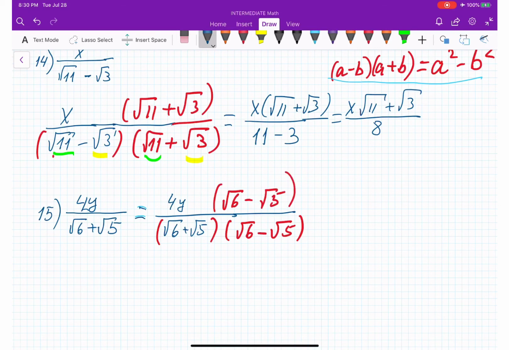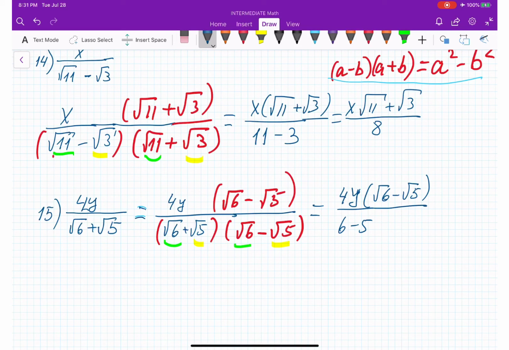And as a result, I will get 6 minus 5. Because square root 6 times square root 6, 6 comes out. Square root 5 times square root 5, 5 comes out. Okay, on the top I will have 4y times square root 6 minus square root 5.